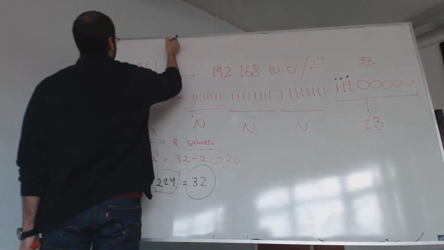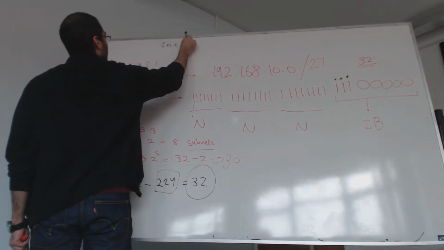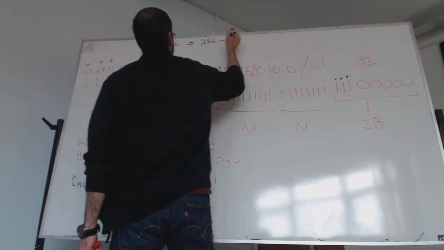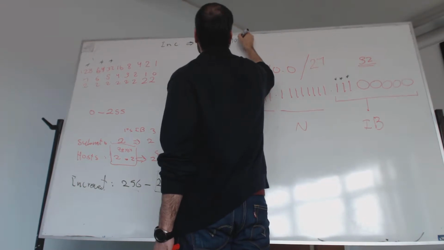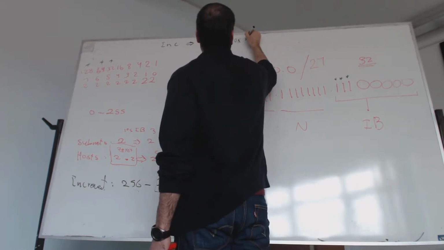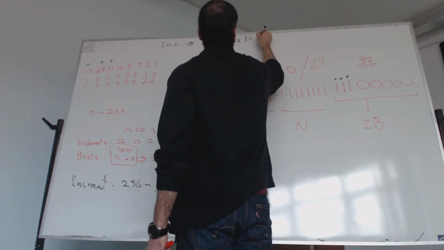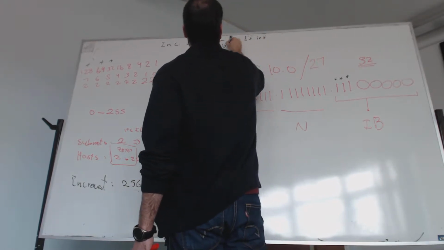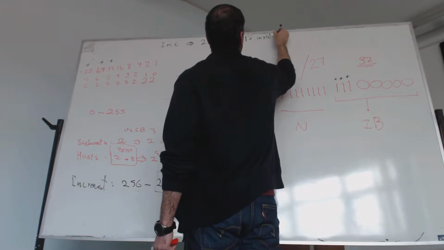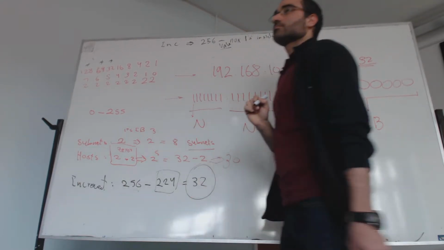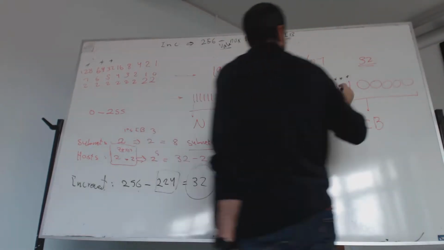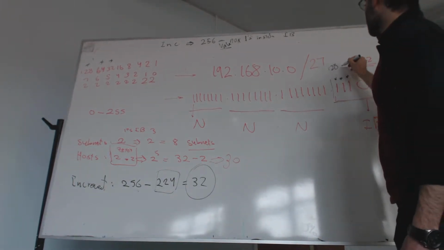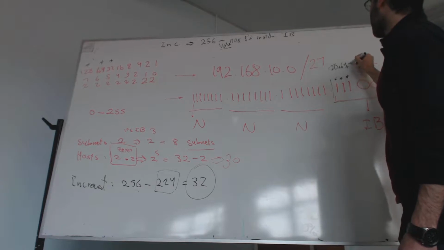So the formula for the increment is 256 minus the value of the number of ones inside the interesting byte. If I say this is your interesting byte, the number of ones is 128 plus 64 plus 32.